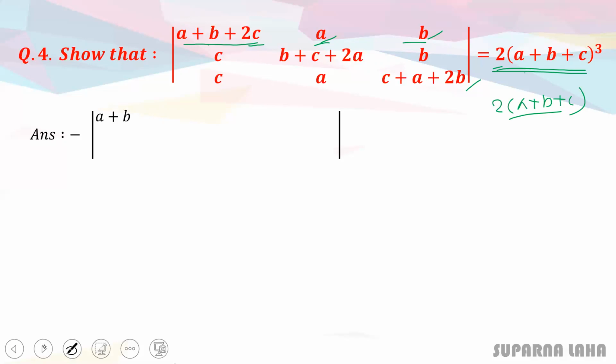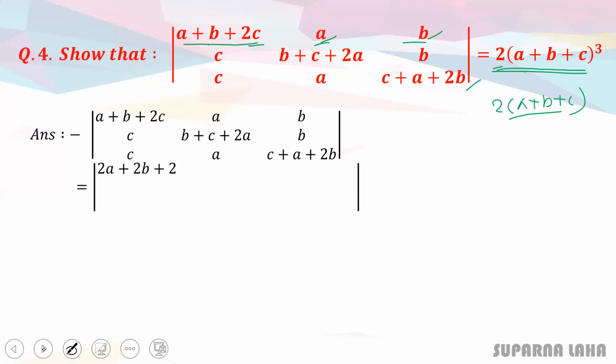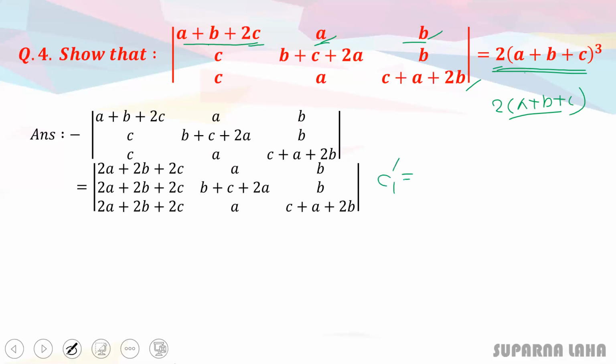So first of all, write down the question and add these columns. That means I'm writing C1 dash as C1 plus C2 plus C3. Okay, so same element, same element, same element.